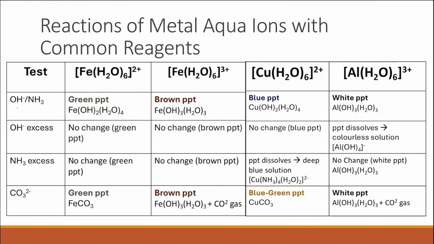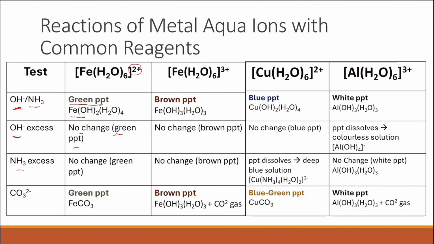If we test with hydroxide or ammonia dropwise, then iron 2 plus will give us a green precipitate, which is the hydroxide of the iron 2 plus. If you add excess hydroxide, there will be no change, so that will stay as a green precipitate.